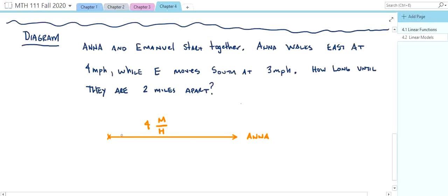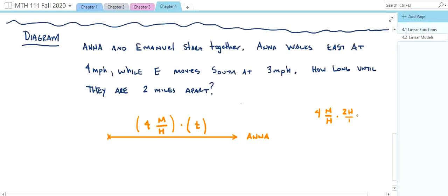So to figure out how far Anna moves in a certain amount of time, we could just multiply this 4 miles per hour times the time she moves, times t. So, for example, if she travels for 2 hours, it's 4 miles per hour times 2 hours.